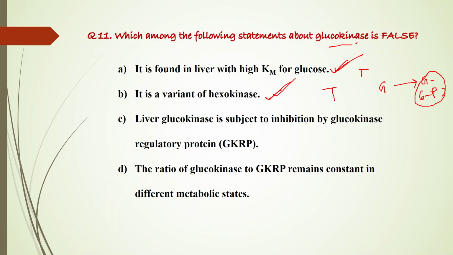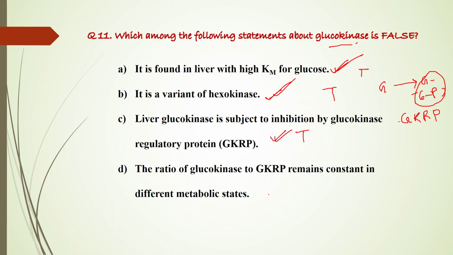But again, you still need regulation of the formation of product, because in the liver also you do not want all the glucose molecules to break down. So in the case of glucokinase, the regulation is done by another protein known as glucokinase regulatory protein. It is not like hexokinase's feedback inhibition, but it is done by glucokinase regulatory protein. So the third statement was also a true statement.